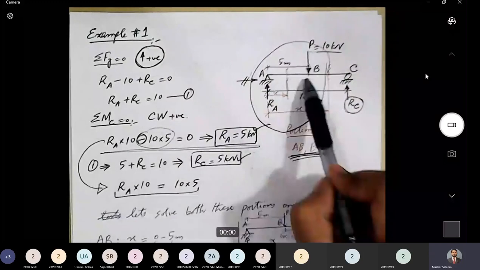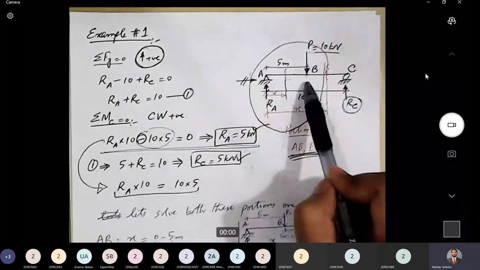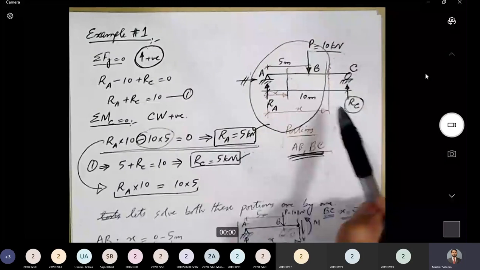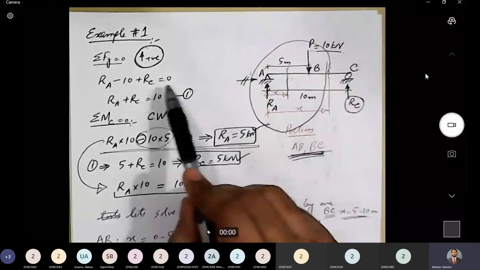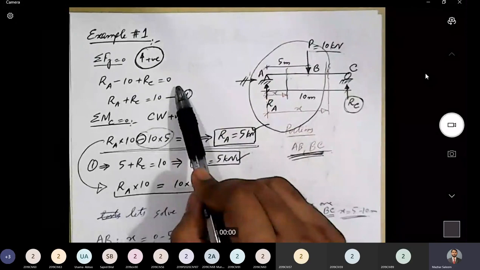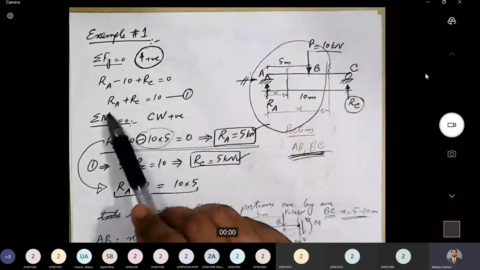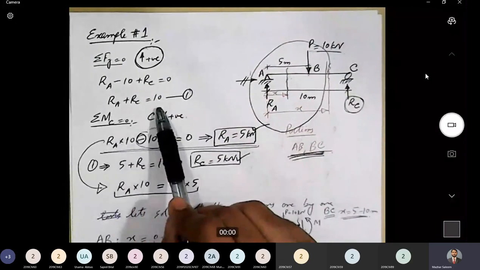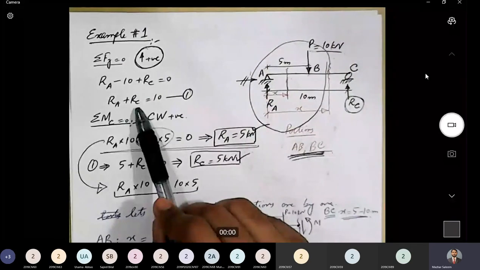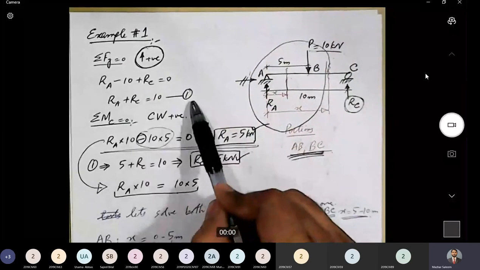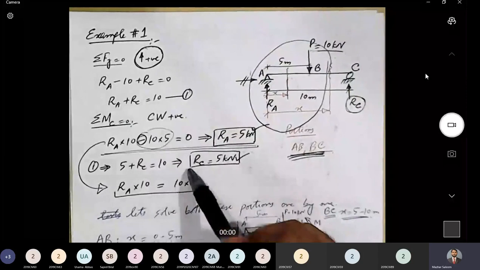Then 10 kilonewton force acting in the downward direction, so negative 10, and plus Rc because it's acting in the upward direction, and this sum should be equal to 0. If we rearrange the equation, we get Ra plus Rc equal to 10. Now in this equation, we have two unknowns, so we cannot solve this. So let's label this as equation number 1 and move on.